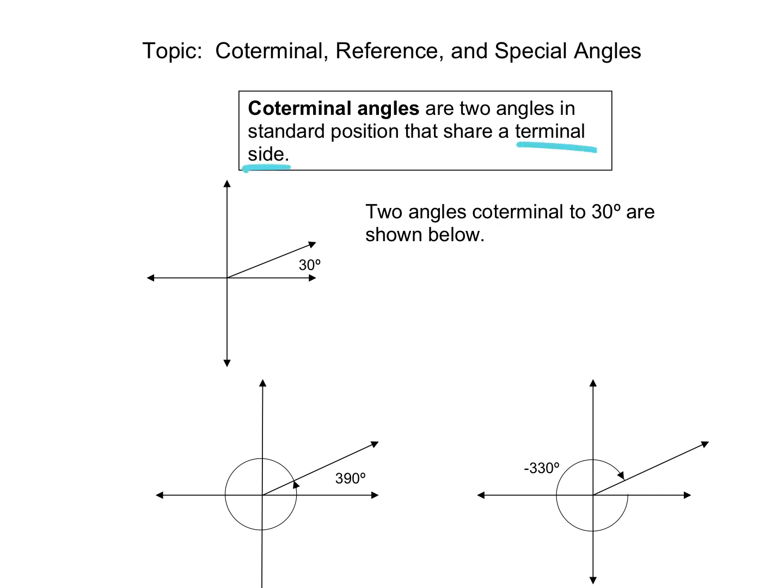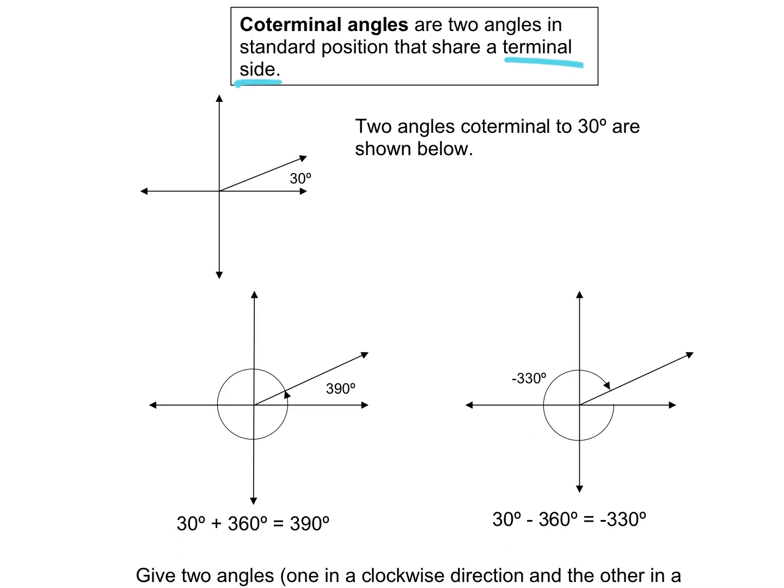And while that doesn't necessarily make sense to you right now, it will in just a second. So there are 3 pictures here. All 3 of these pictures have an initial side on the positive x-axis and a terminal side that's right about there, that same location. This one has the same initial and terminal side.